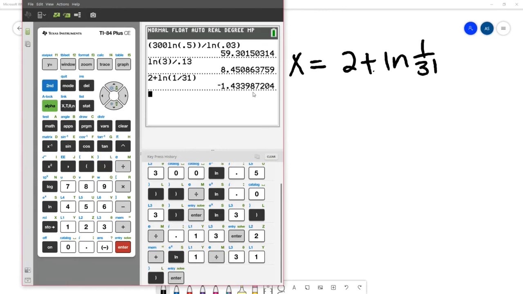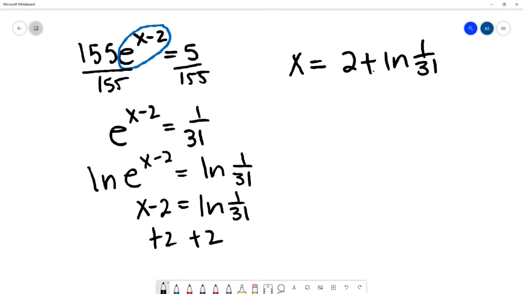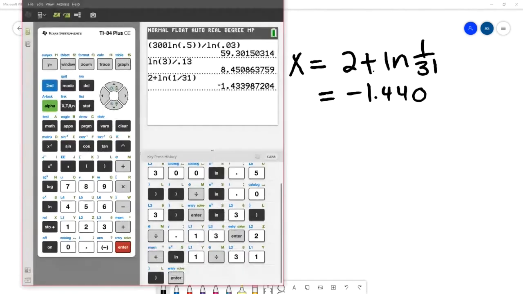So we're going to round up. 5 and over, we round up. So we have negative 1.4440. Let's just double check that one more time. It should be negative 1.4340.